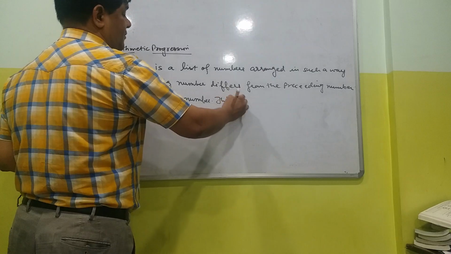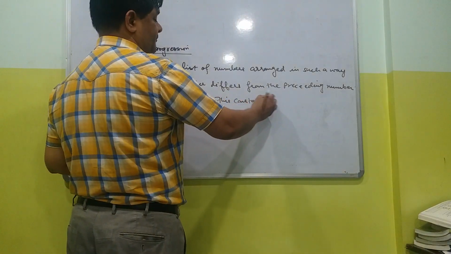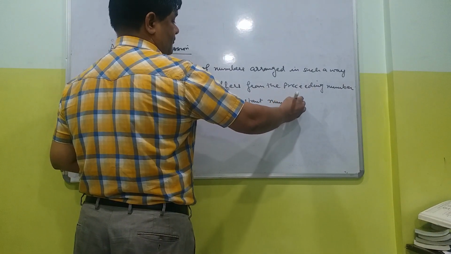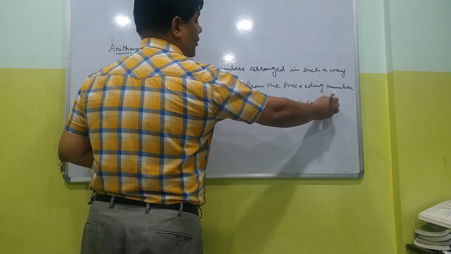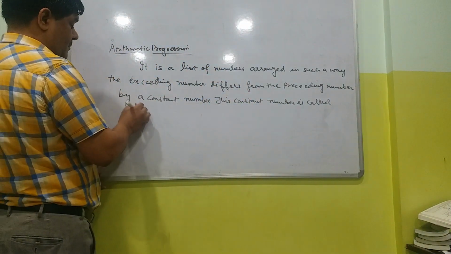This constant number is called the common difference.